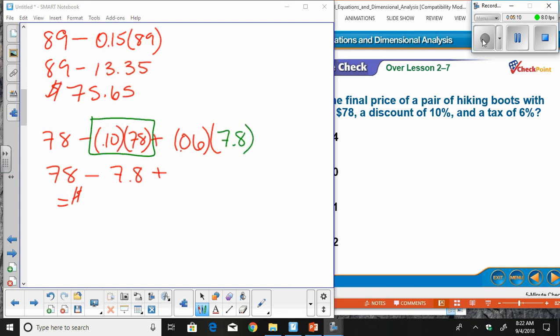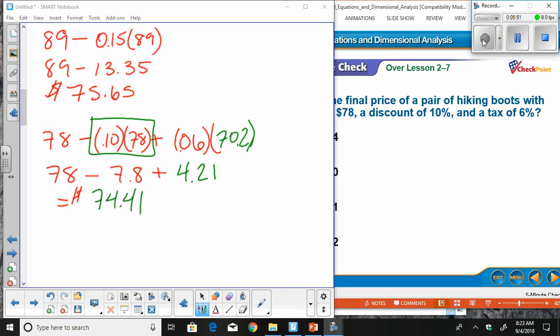So now it's 0.06 times the discounted price. 78 minus 7.8 gives us $70.20. There we go. Then we take that times 0.06, we get $4.21. So now we take 78 minus 7.8 plus 4.21, and we get $74.41.